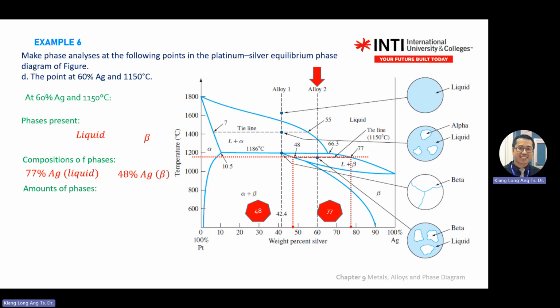Can some of you calculate? How many percent of liquid at 60% Ag and 1150 Celsius? How many amount of phases of 77% liquid Ag? 100%?